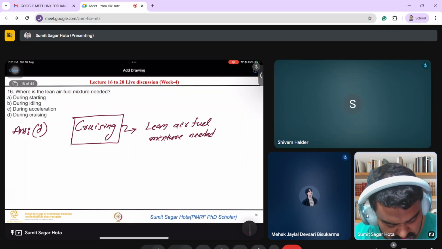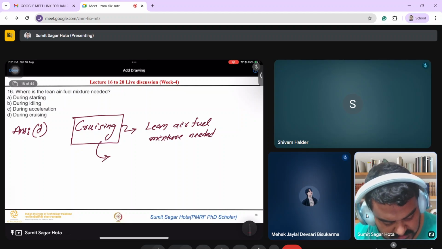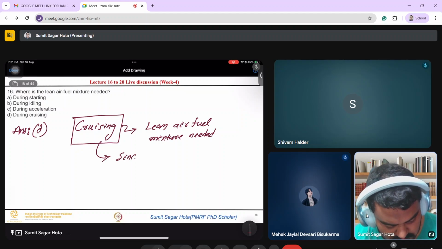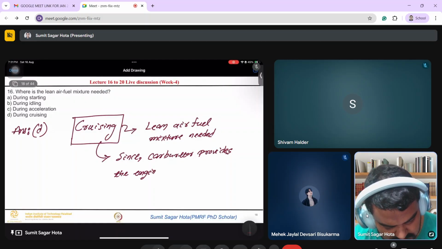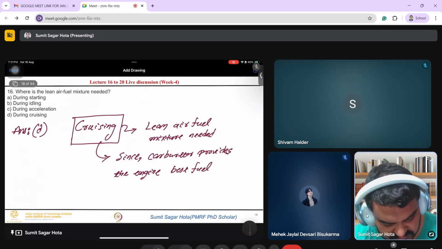Since the carburetor provides the engine best fuel economy.